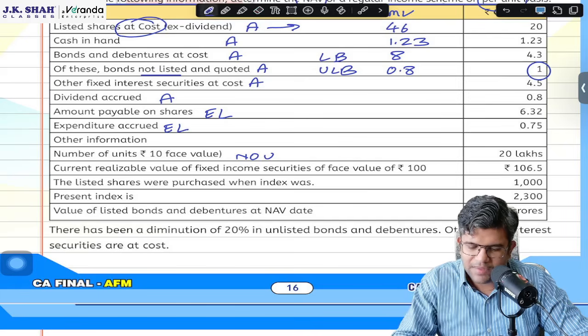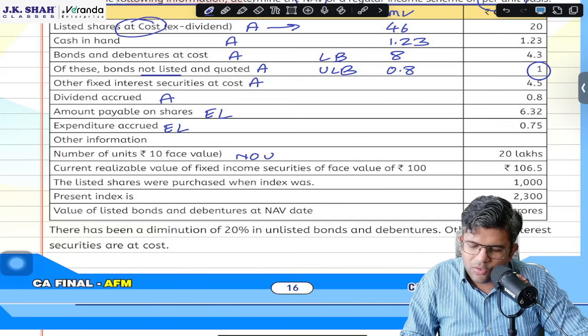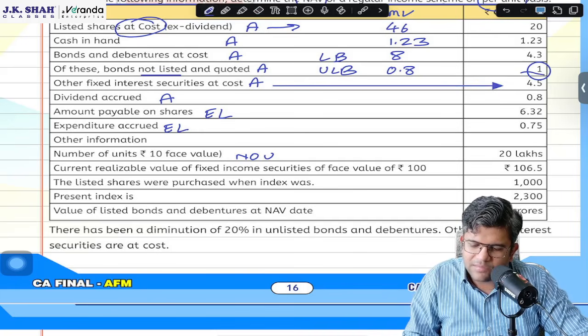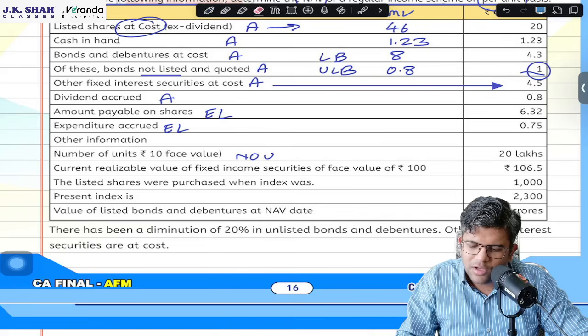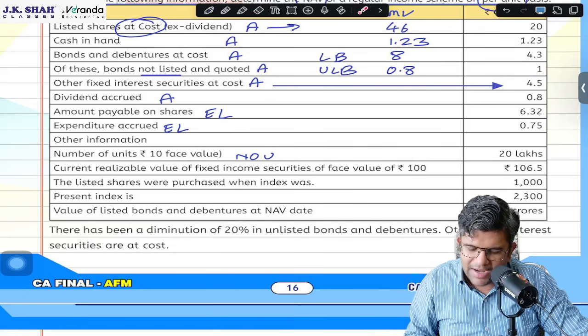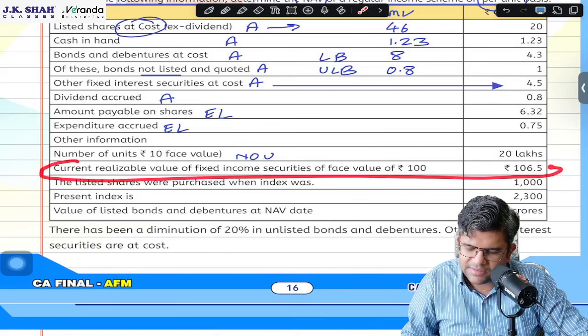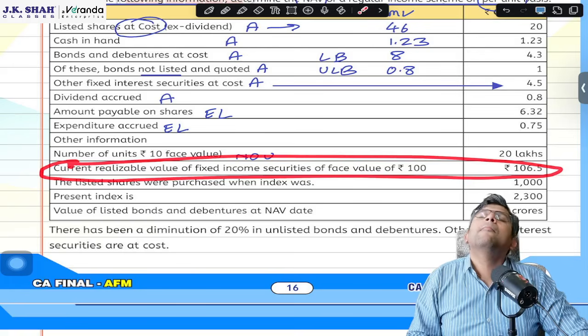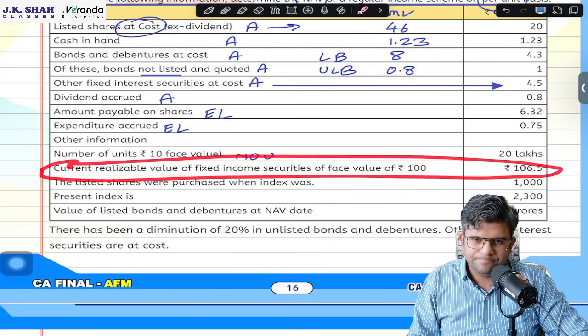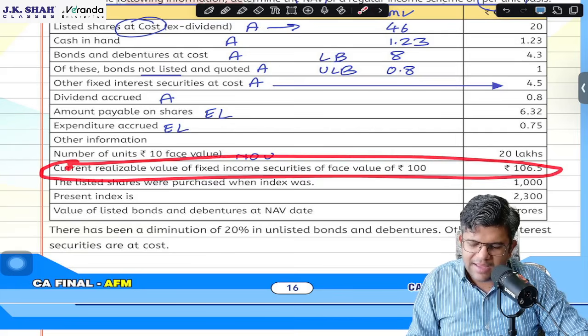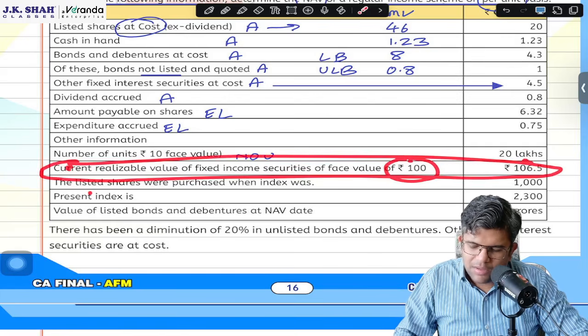Let me explain. I request everybody to please read other fixed income security. So they are saying that apart from bonds, we have other securities also. Everyone read it? Now they are saying that the face value, if it is 100, market value has become 106.5.